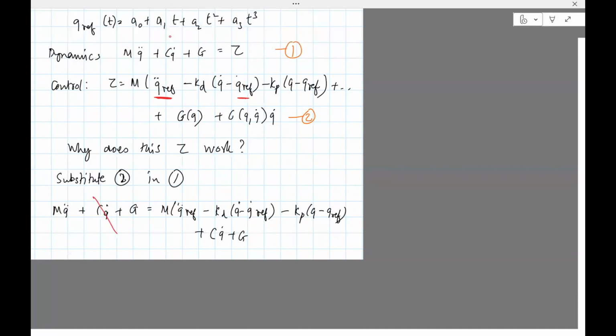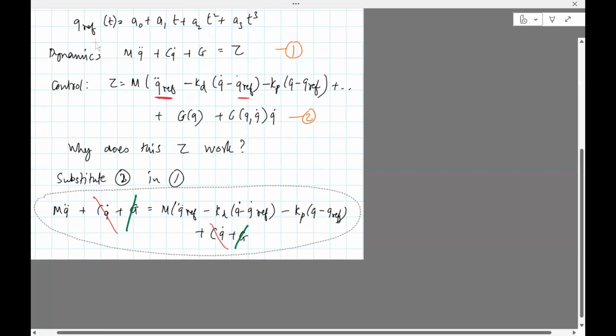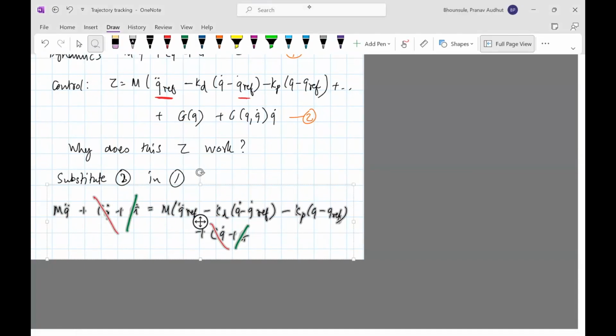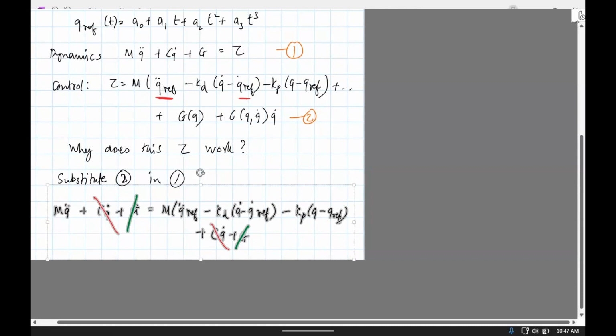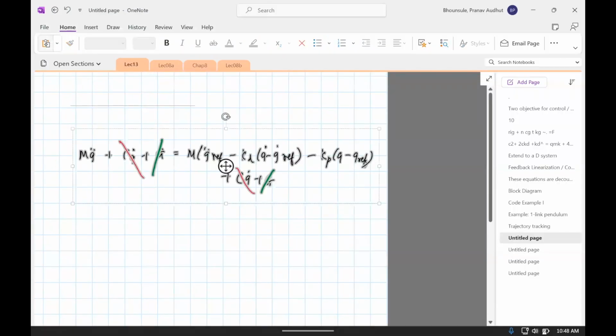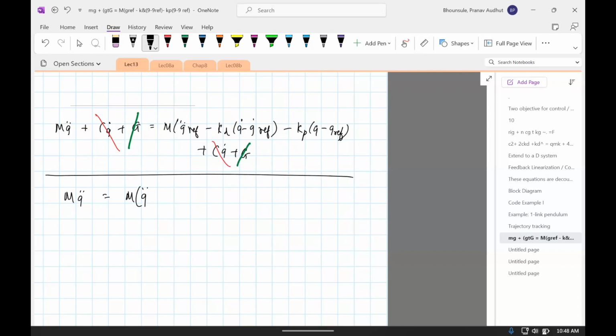Okay, so we can actually cancel this c with this c, and cancel this g with this g, and then I'm going to just rearrange this thing. So let me just take it on the next page. Okay, so what we are left with is m q double dot equals m q double dot ref minus kd (q dot minus q dot ref) minus kp (q minus q ref).